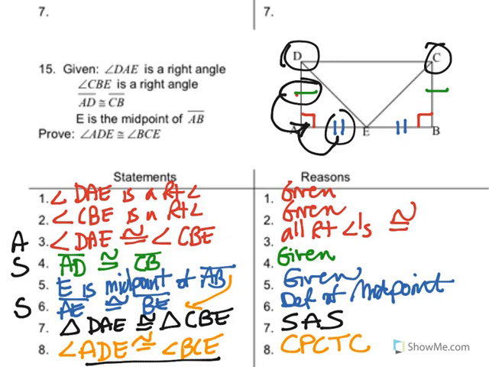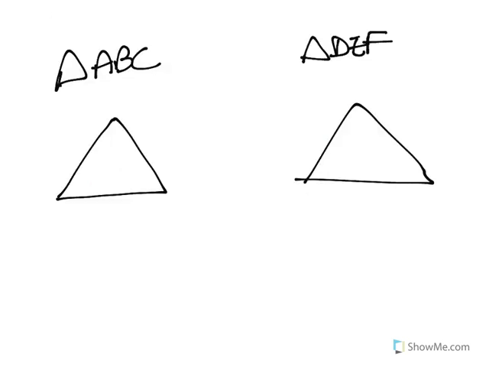Okay, there's just a couple other little things I want to go over. Suppose I tell you that I have two triangles, ABC and DEF. Let's write them down, ABC, and do DEF in the exact same way that you did ABC, always in the same order.